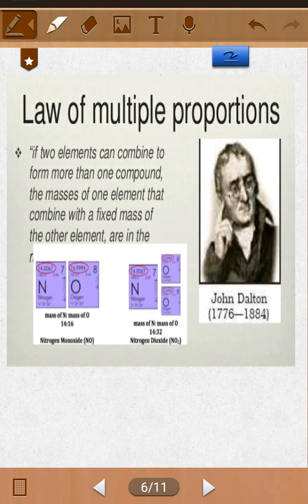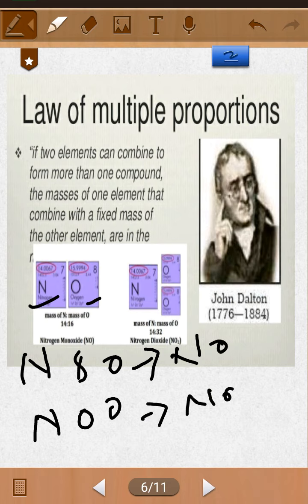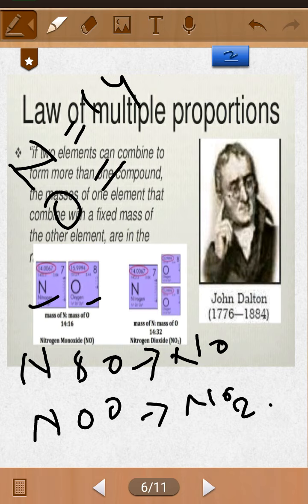For example, we consider two different elements, nitrogen and oxygen. First, the compound NO is formed, and then the compound NO2 is formed. The mass of nitrogen is 14 and the mass of oxygen is 16.